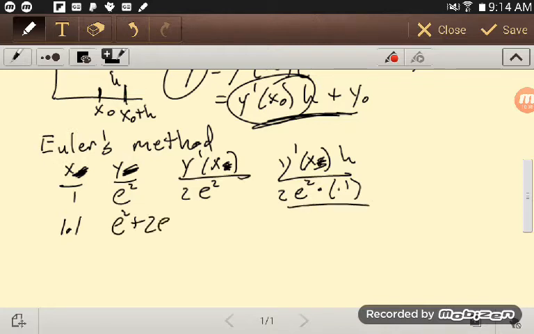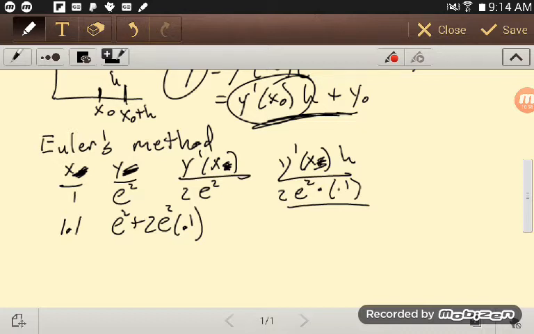So 2e to the 2 times 0.1. And that's 0.2. I could factor out the e to the 2, and it'd be 1.2 times e to the 2. And that would be a number.